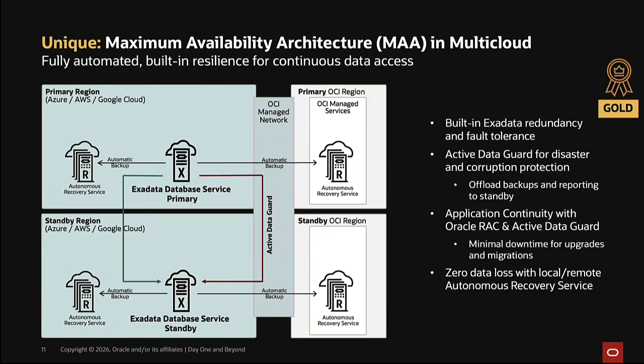So what this represents is the ability to run your primary databases in your partner cloud, let's say Google Cloud, and then have a standby and a backup in the OCI region. So you're adding insurance to your workloads and your data to make sure they're always available no matter what kind of outage you have.